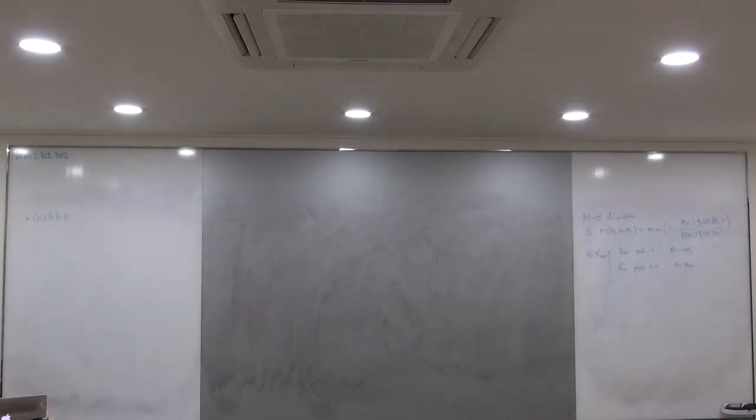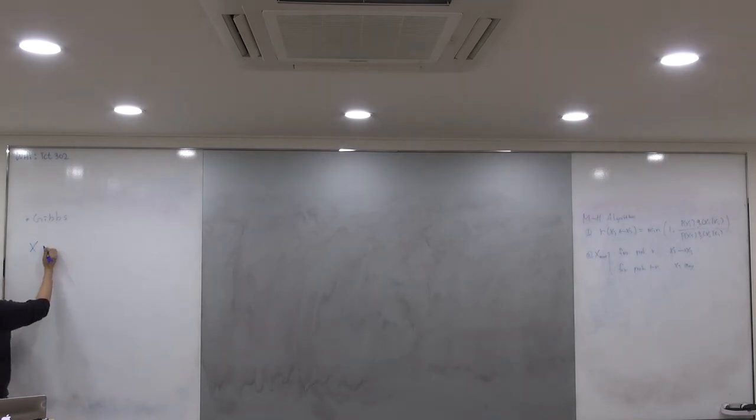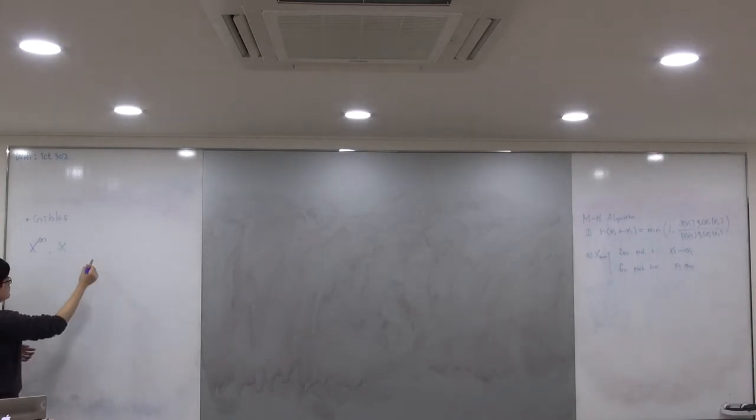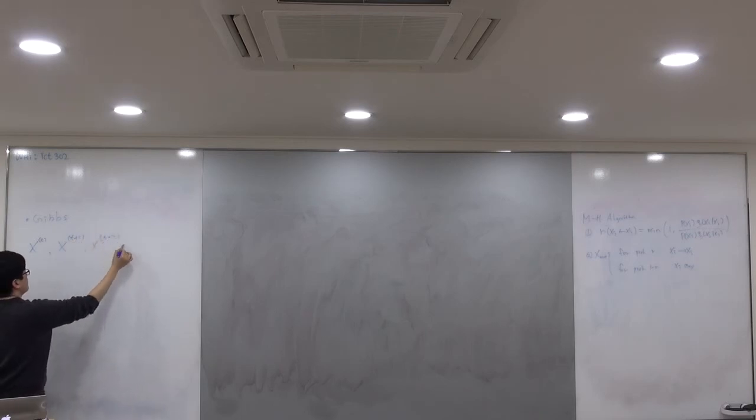So Gibbs sampling is very similar. If you're at x, sorry for the poor notation, but let's say this is the t-th step sample. If the Markov chain wanders around, then you'll have these samples.